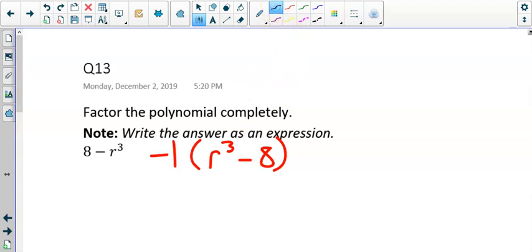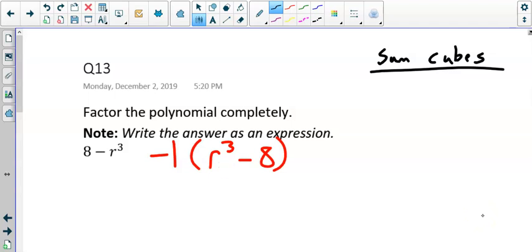Now, do you remember how to factor a cubic? That's the ultimate question. Yes, it's a formula, Lorraine. There were two formulas that you needed to remember. There was what we called the sum of cubes, which is not this one, because this is not addition.